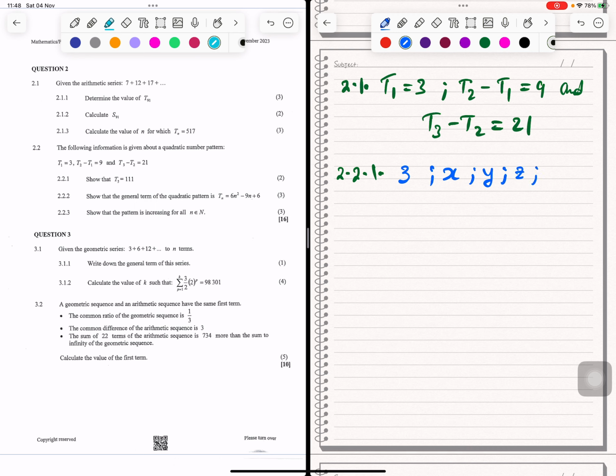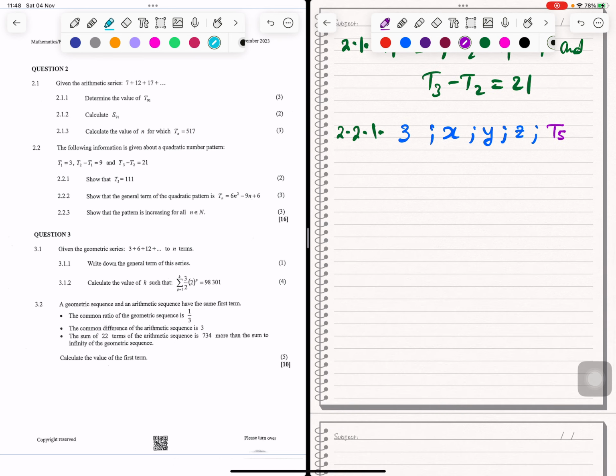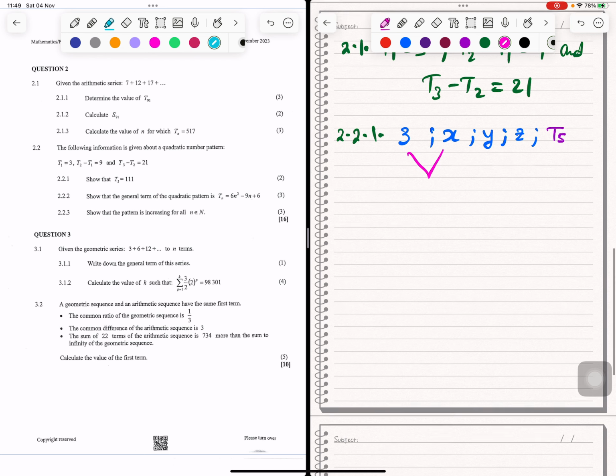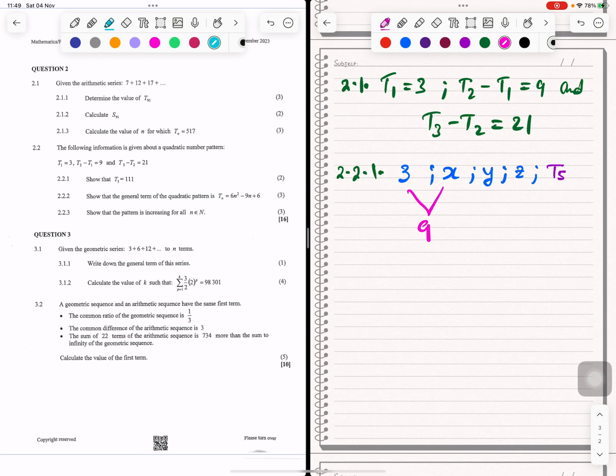Okay, and then what I'm looking for seemingly is T5. So here is going to be T5. I'm looking for that value. So I need to be very careful when I do this. There are many ways to do it. Let's check the easy one. They tell us that the difference between x and 3 is 9. That is given to us. Now, the difference between y and x is 21.